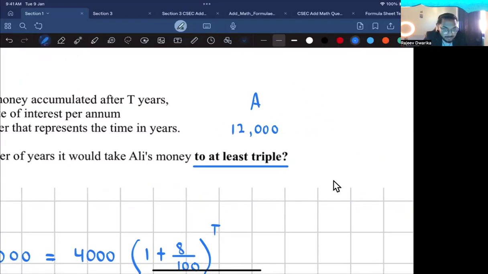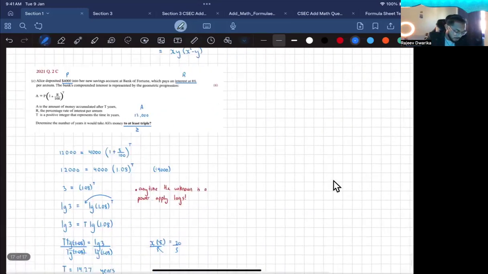So at least. What inequality sign is at least? More than or equal to. So in 15 years, it will be more than 12,000. Yeah. So that would satisfy the category there. At least triple. So 15 is correct.